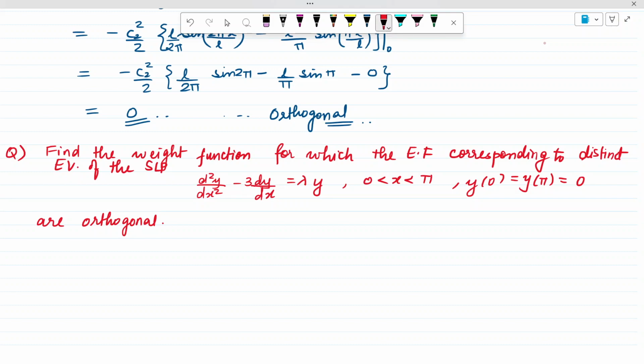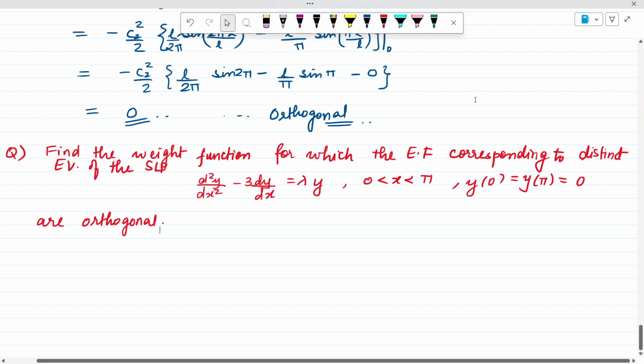Yes, students? Yes, ma'am. First, we have to find eigenvectors. No, you don't require anything. Just find your R of x.